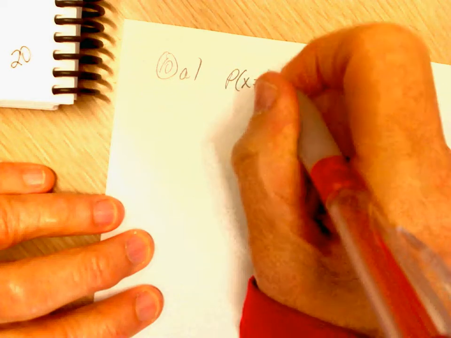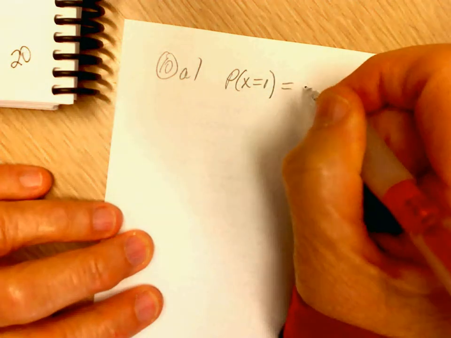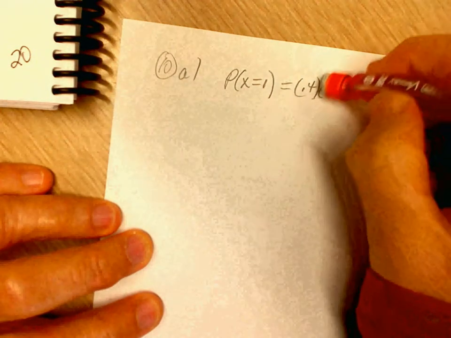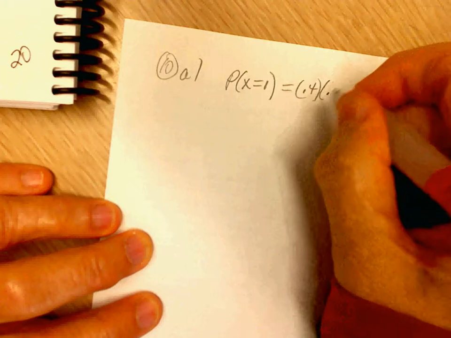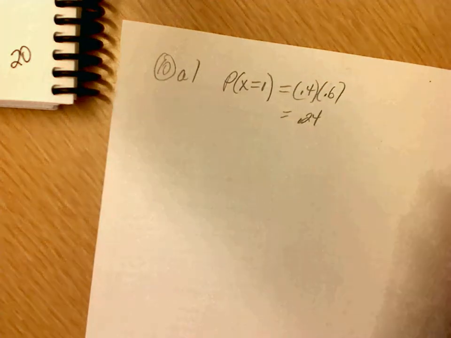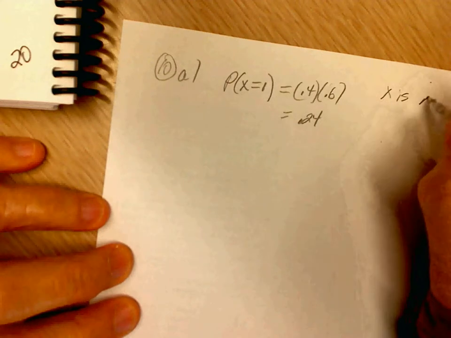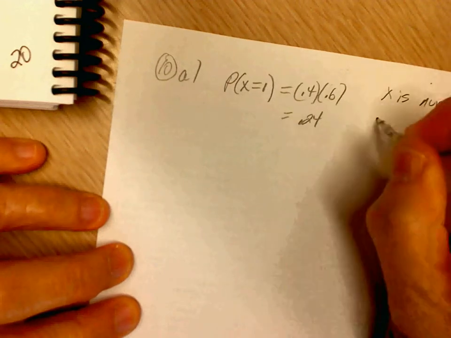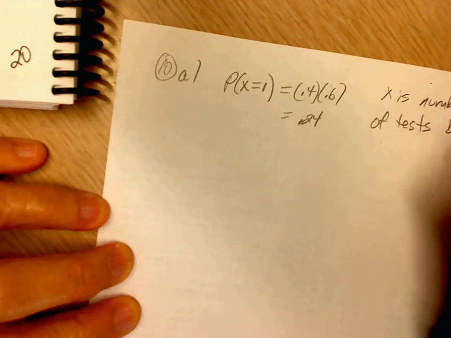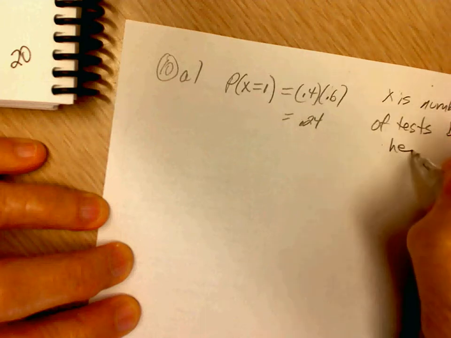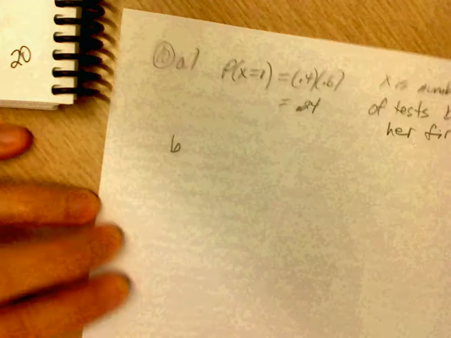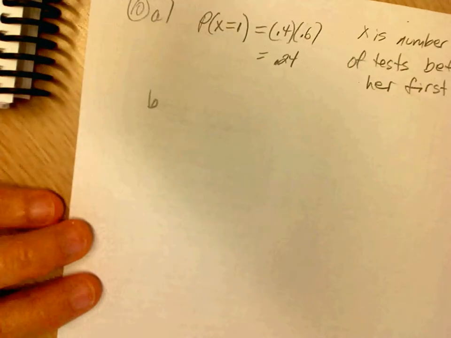She gets it on her second test, is 0.4 times 0.6, which of course is 0.24, where x is the number of tests before her first A. Part B. She will get an A on one or more of her first 3 tests.